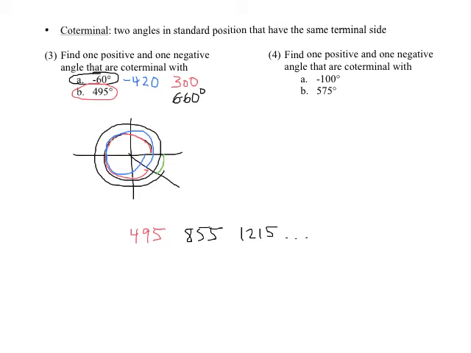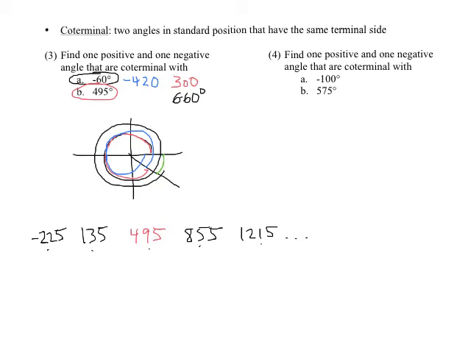And if I took 495 and I subtracted 360 from it, I get 135. If I subtracted 360 again, I get negative 225. And I could theoretically keep going in that direction as well. Each of these angles is coterminal to 495.